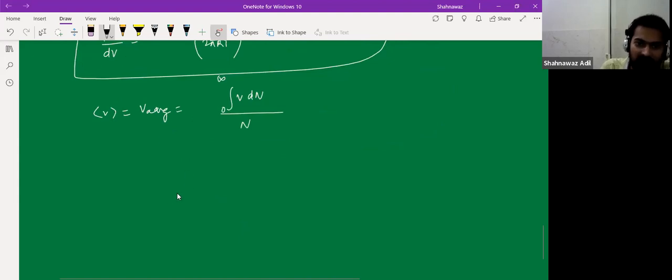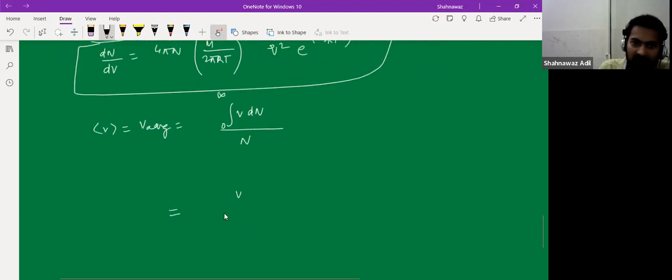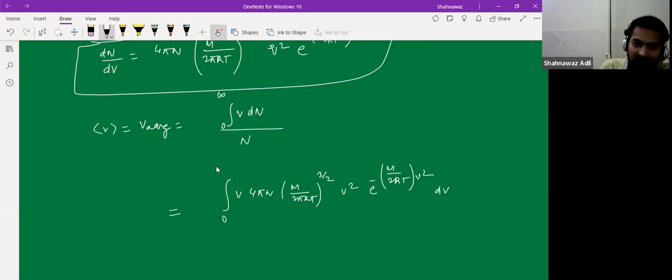So this will be v times 4 pi n, m by 2 pi RT to the power 3 by 2, v square exponential minus m by 2 RT v square dv. Right, this is the horrific looking integral.